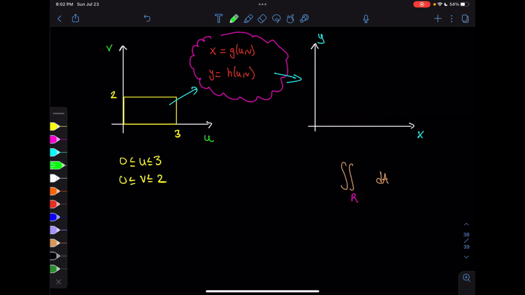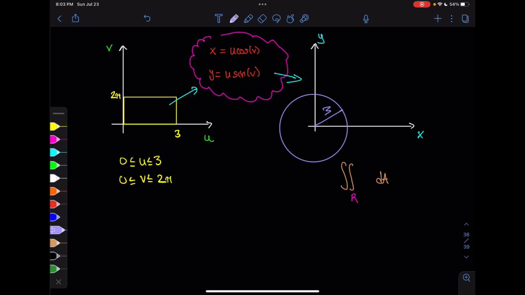And you're like, Dylan, I don't know what you mean. Well, we found out that, for instance, if this was 2 pi, if I let v go to 2 pi, and I picked the transformation u cosine of v and u sine of v, we found out through experimentation, and also me just telling you, that this was a circle of radius 3, centered at the origin.